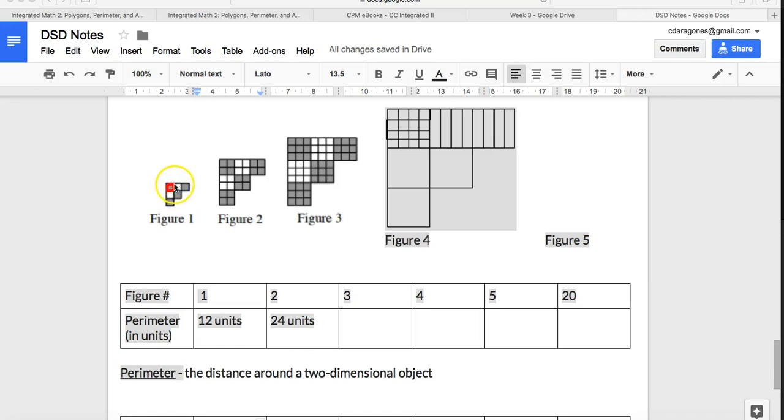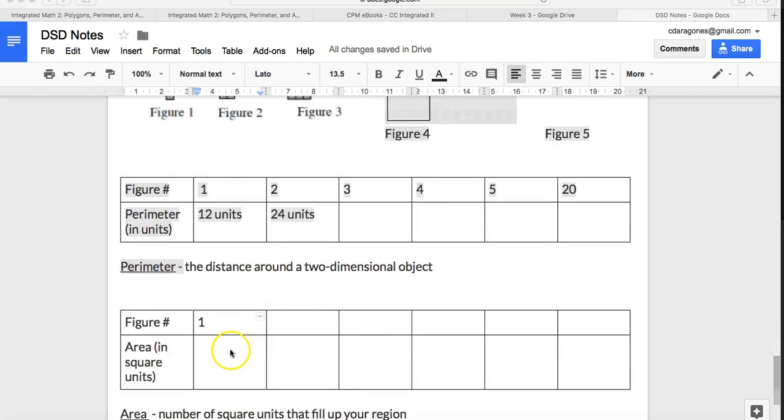So I have 1, 2, 3, 4, 5, and 6. So this first figure has an area of 6 square units. So I can go ahead and put that, 6 square units.